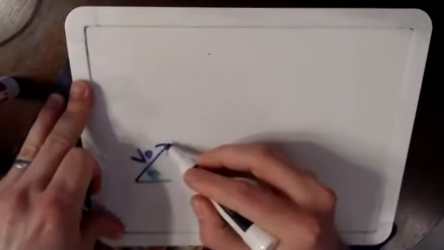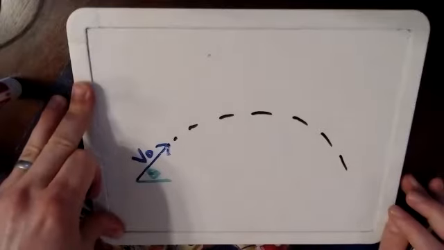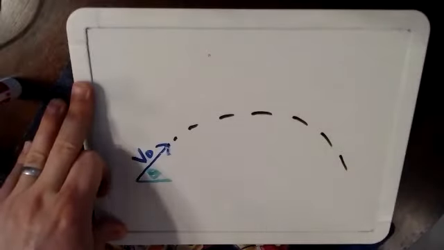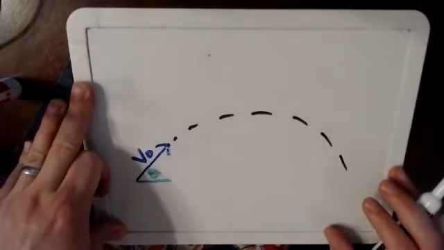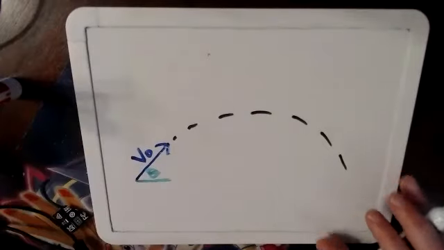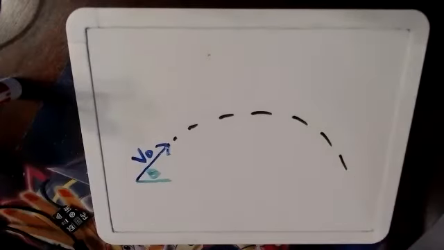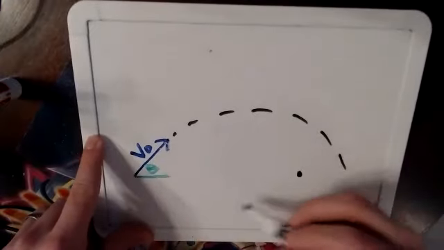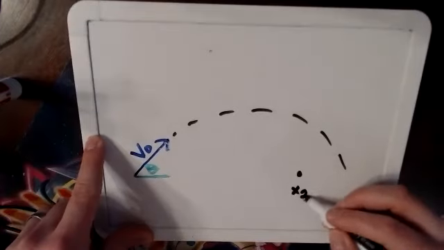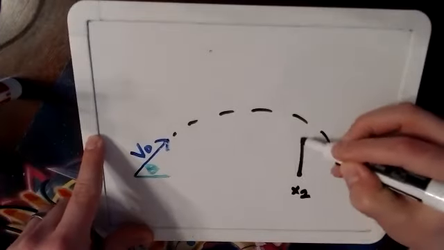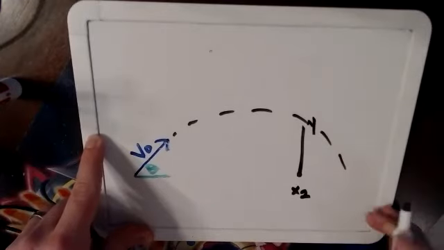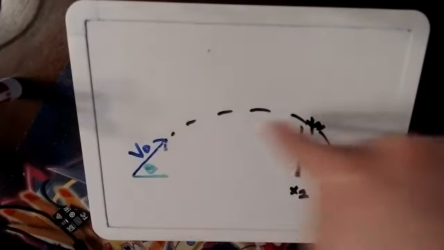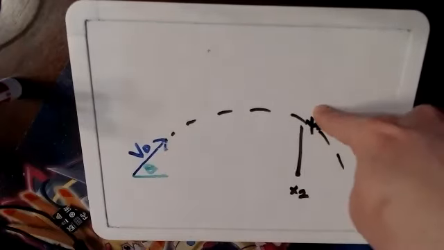We understand that the projectile is going to go something like this. Note that we're not worried about drag just yet. We would do some drag stuff only in the vertical. That's later in the review when we get to forces. So when we talk about relation to another particle, let's just say I have a particle here at some position x2, and it has a height of some value y2. So we just want to know whether or not this projectile would make it over that or below that.